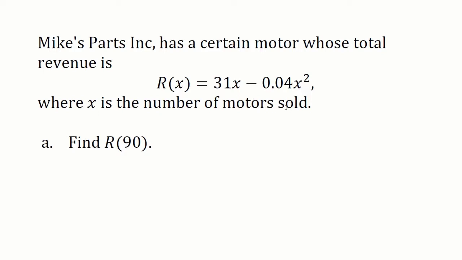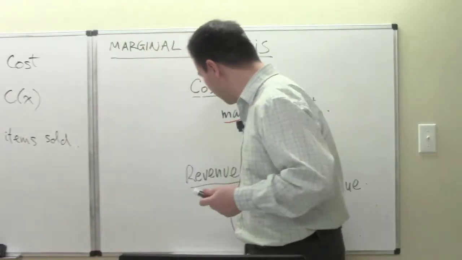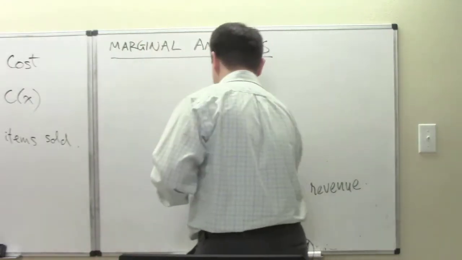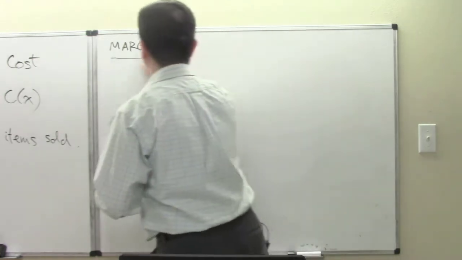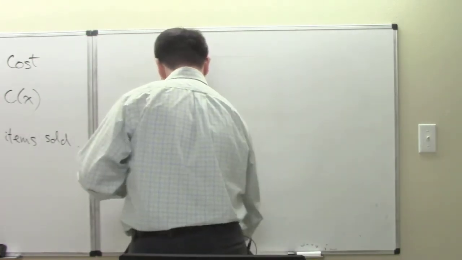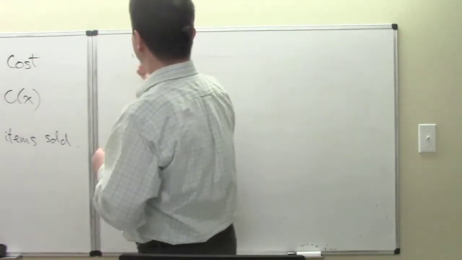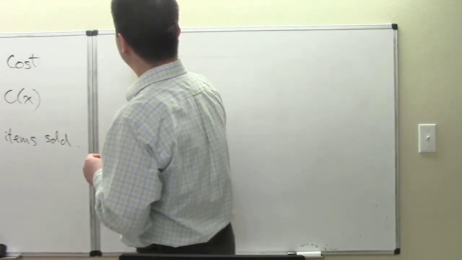number of motors sold. So the meaning of the x variable in our revenue function is exactly like how I brought it up earlier. Question A is quite simple. Let's get it done quickly. Question A truly is nothing but just to find how much revenue.